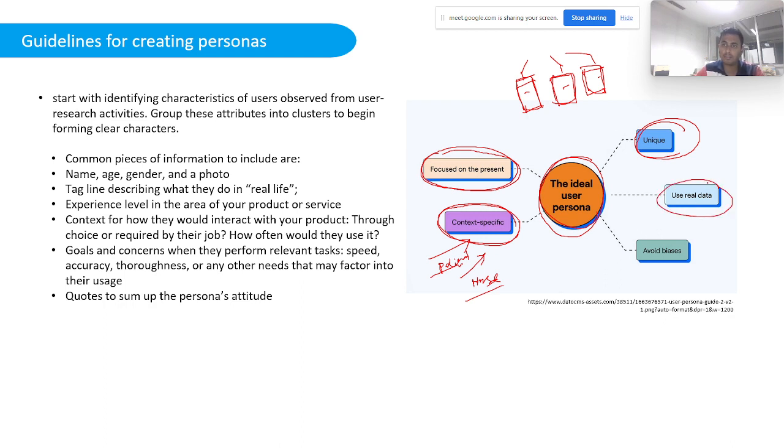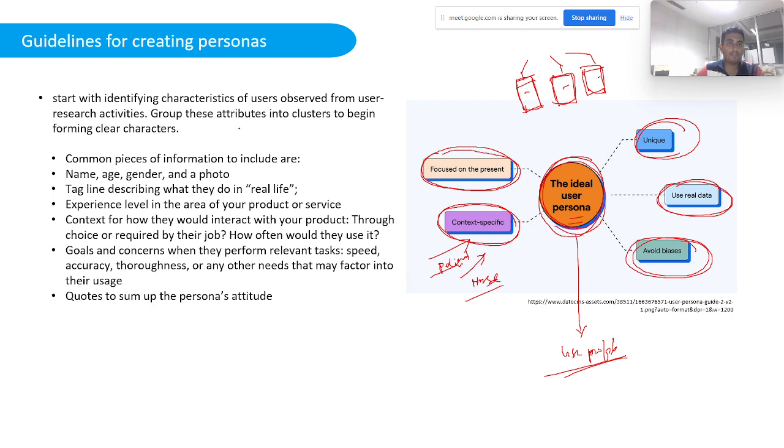Use real data: whatever you identify, use only that information. Do not take additional information from interviews to create personas. Avoid biases, so do not include your own biases or biases from interviews when creating your personas. This is very important, otherwise you will not know the exact user profile and their pain points.